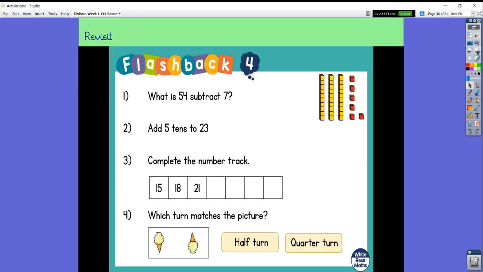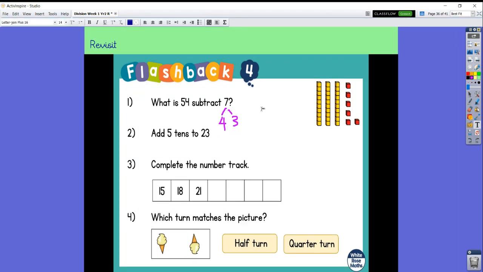Let's warm up our maths brain now to start off with. Okay, so we've got 54 subtract 7. Now, I'm just going to partition 7 into 4 and 3, just to help me make it a little bit easier. Because I could do 54 take away 4 gives me 50, take away another 3 gives me 47.